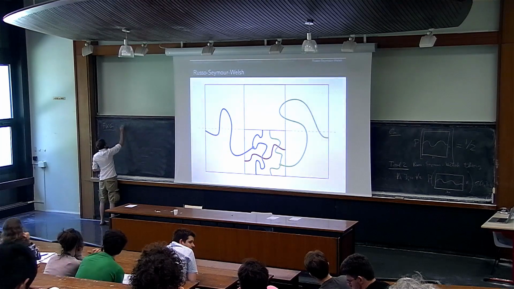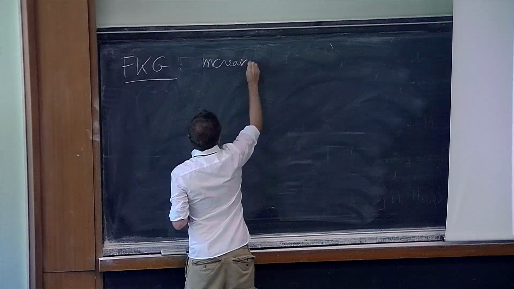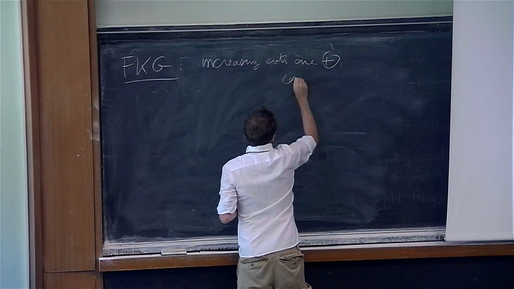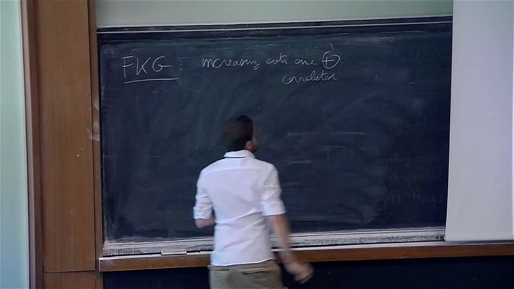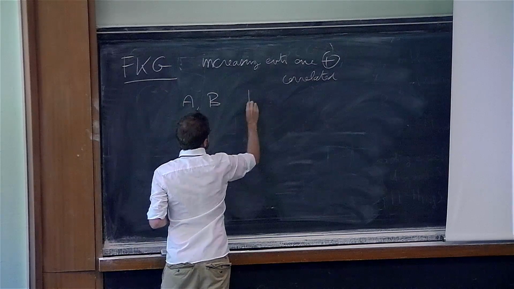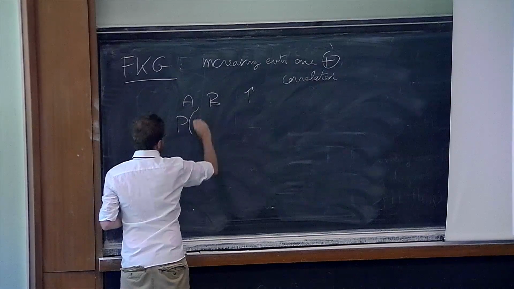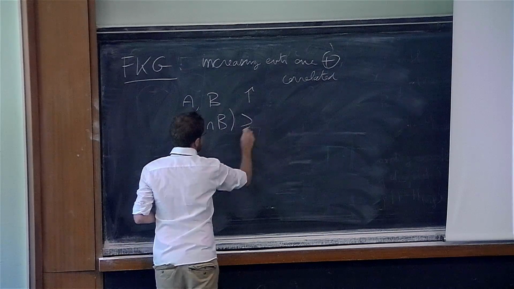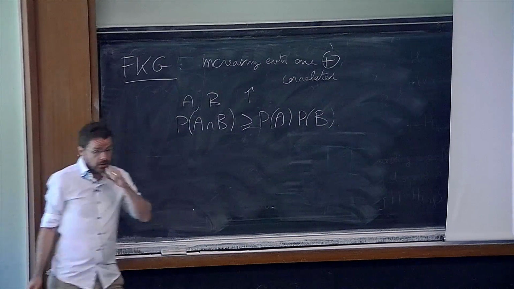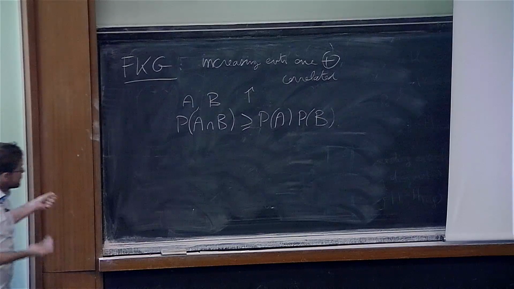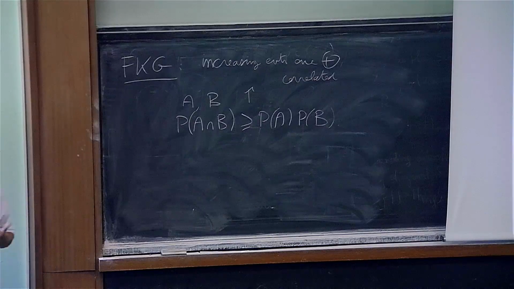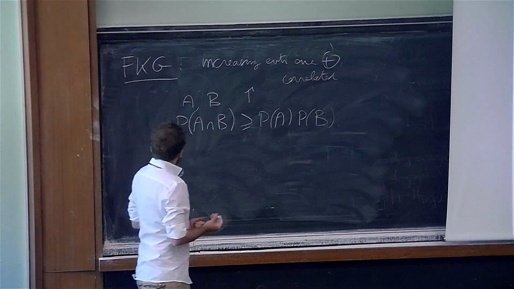And FKG tells you that increasing events are positively correlated. Meaning that if A and B are increasing events, then the probability that A and B occur at the same time is bigger than the product. So in the case of a product measure, this is known as the Harris inequality, and in more general models of statistical mechanics, it's known as the FKG inequality.